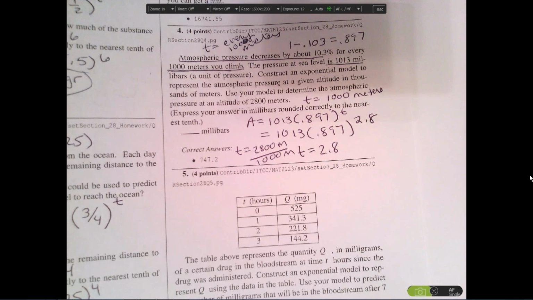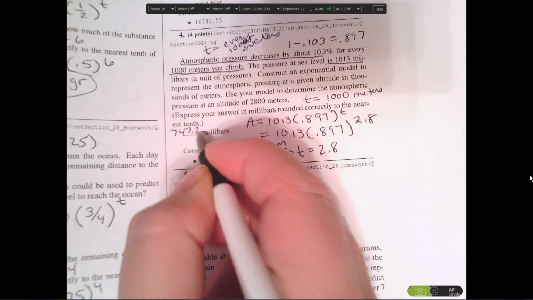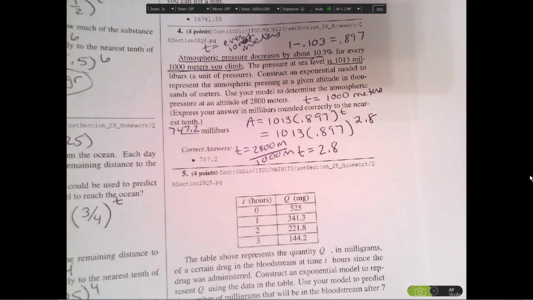That is where most people get stuck. We get 747.2. Does that make sense now?